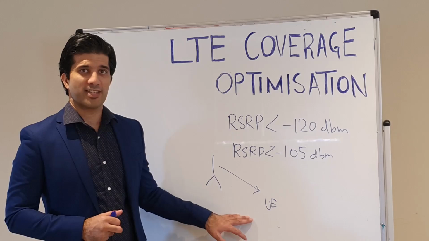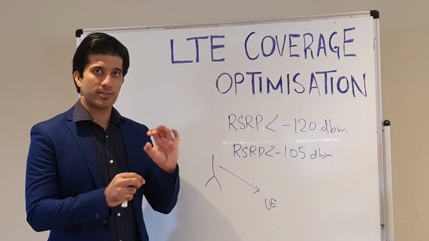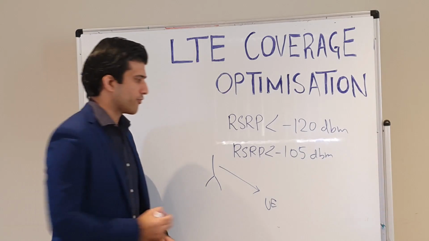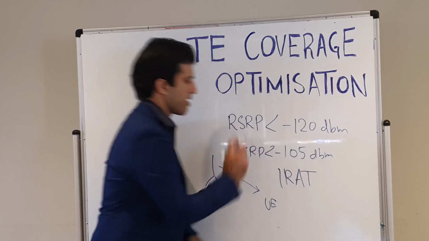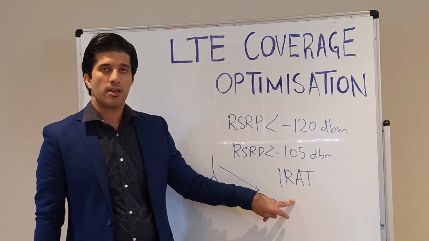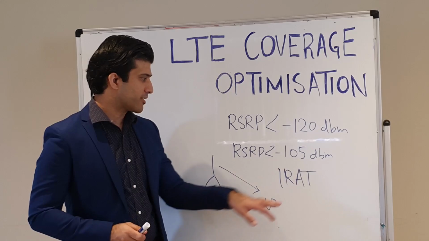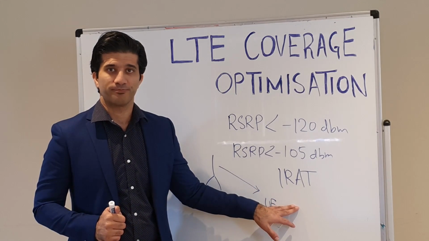For example, for a number of neighboring sites, there is one specific point at inter-site distance where you're having a lot of IRAT handovers. In that situation, that shows you that you most probably have an LTE coverage hole.